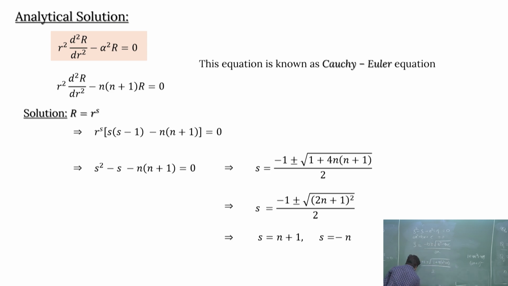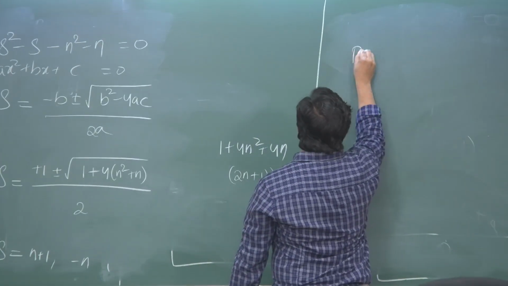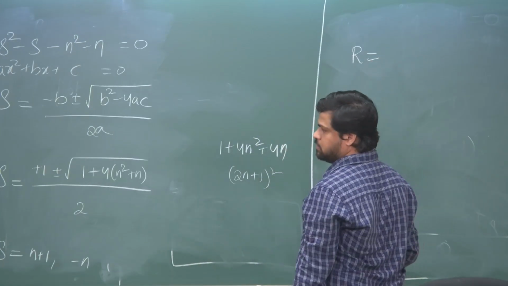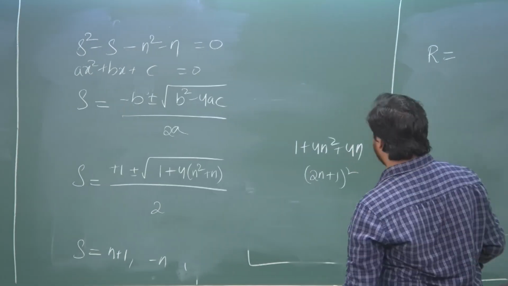If you do that math, you will have n plus 1 and minus n as the roots. So we have a unique solution. My r will be some constants, what I use, a dash.